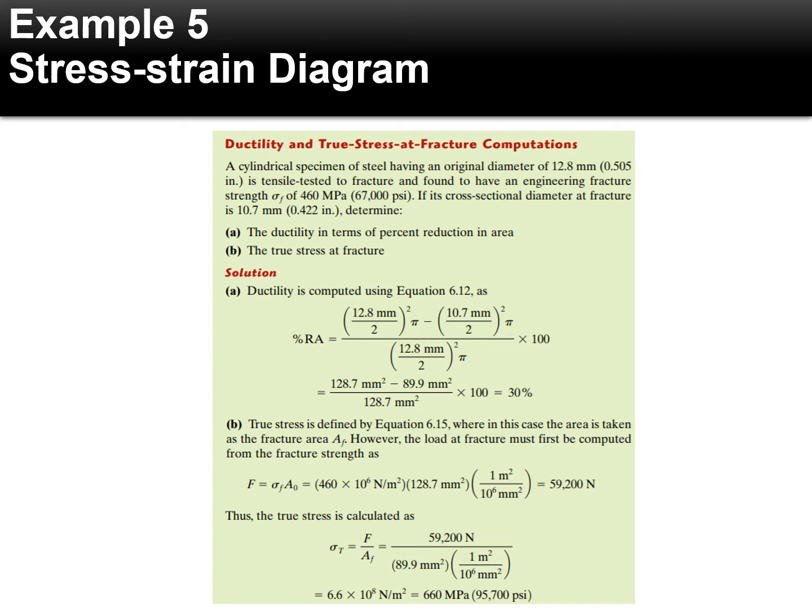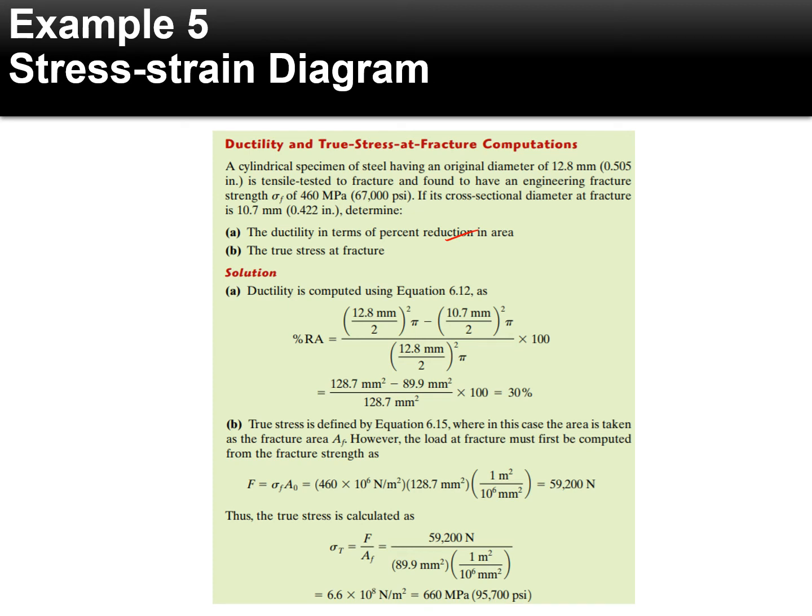The cross-sectional diameter at fracture is 10.7 mm. Determine the ductility in terms of the percent reduction in area.